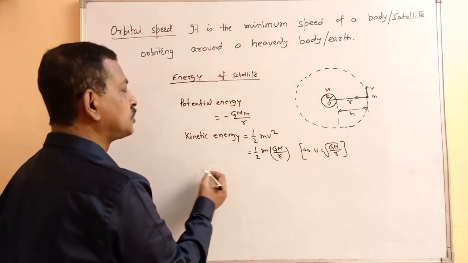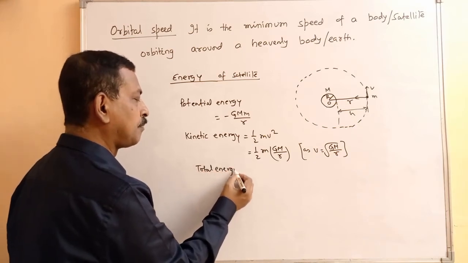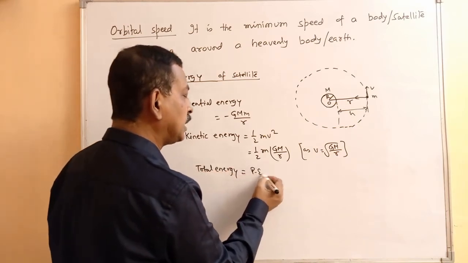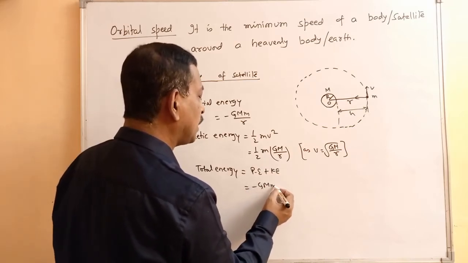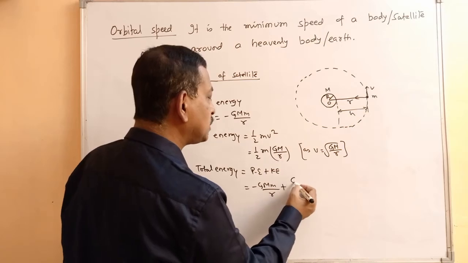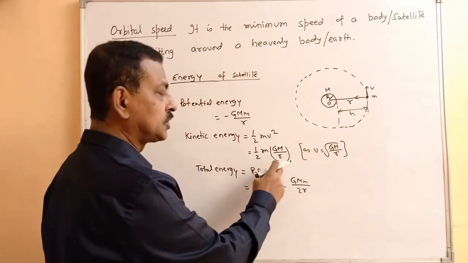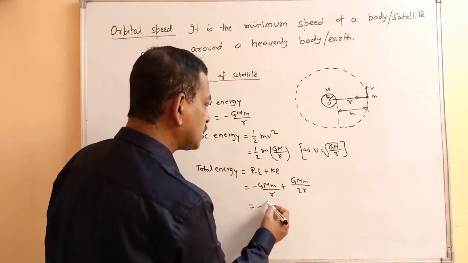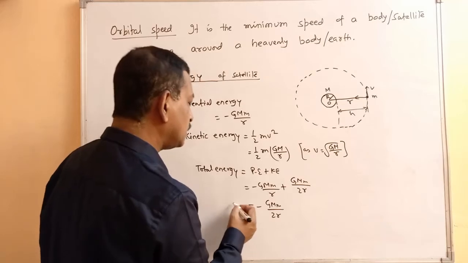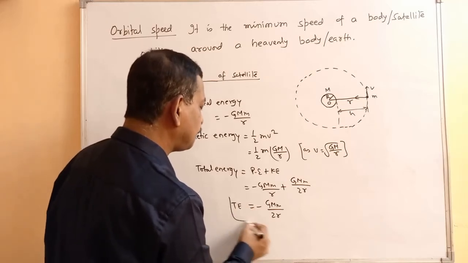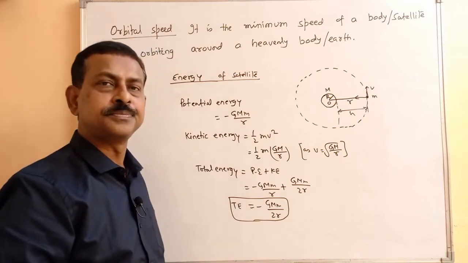Now if you consider the total energy, it is potential energy plus kinetic energy, which is minus GMm by r plus GMm by 2r. So this is minus GMm by 2r. This is the total energy of the satellite in its orbit.